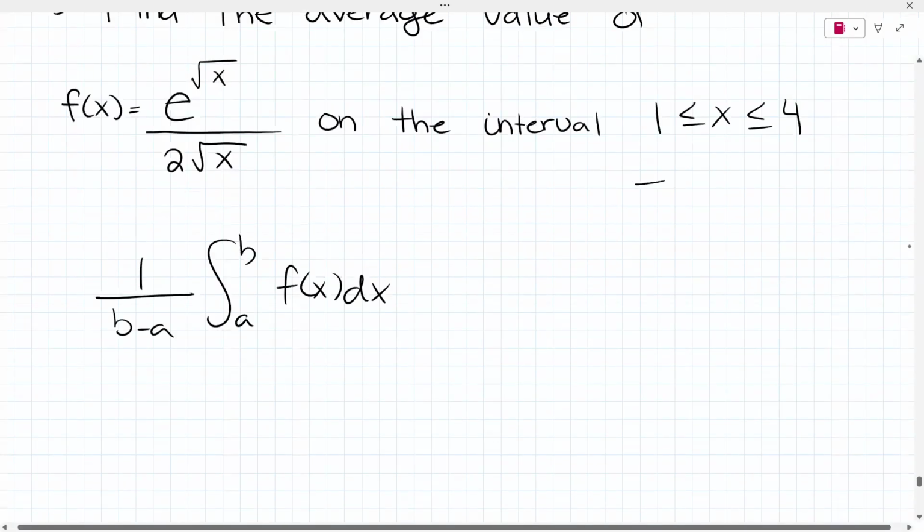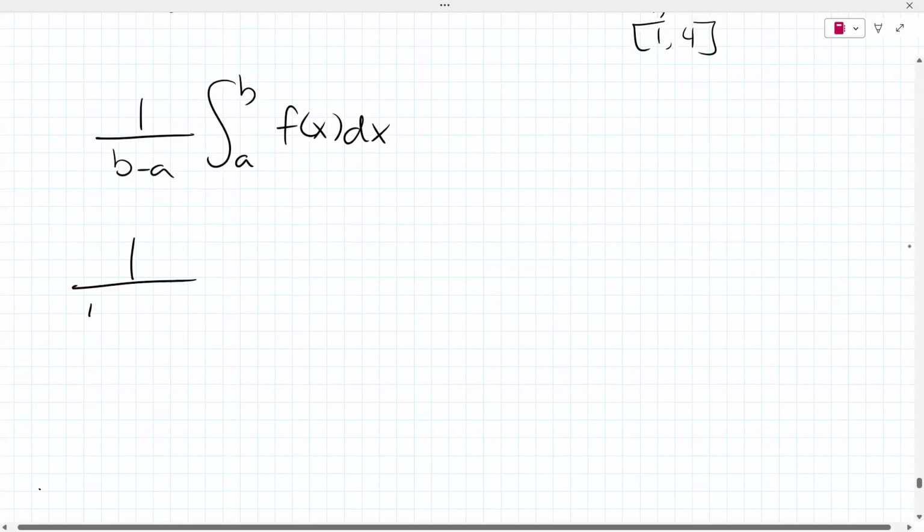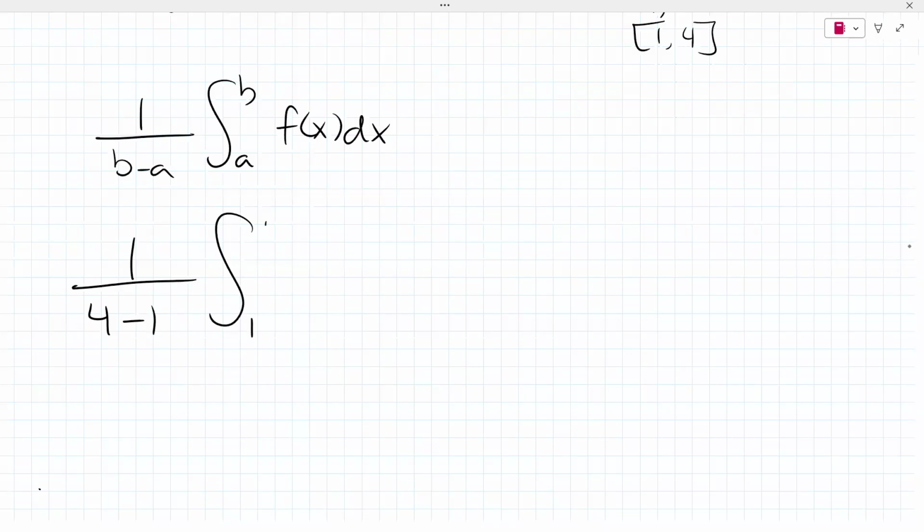So if we're going from the boundaries 1 to 4, that means a is 1 and b is 4. So it's going to be 1 over 4 minus 1, and then from 1 to 4 of e to the square root of x over 2 square root of x dx.